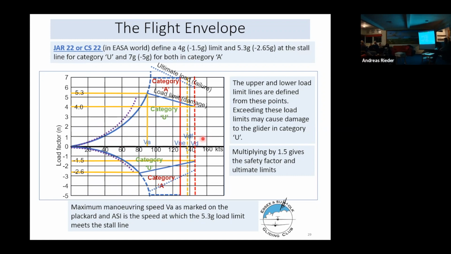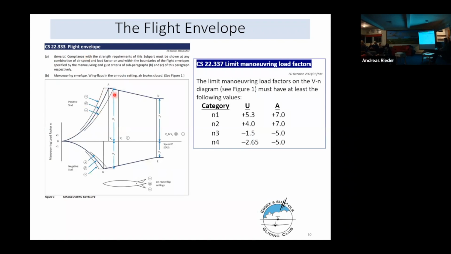If you go to CS22, you will find exactly the same diagram illustrated, and they talk about these points N1, N2, N3, and N4. N1 5.3, N2 4, N3 minus 1.5, N4 minus 2.65.